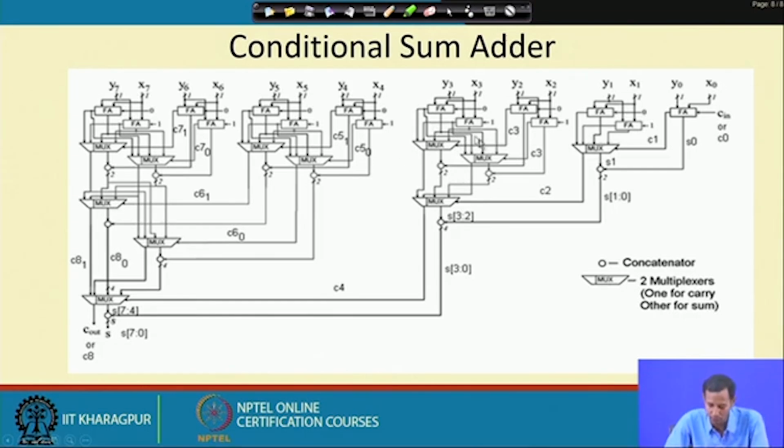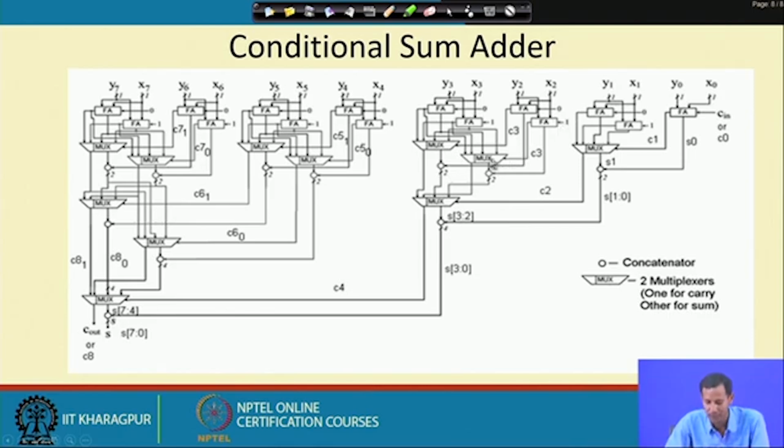So that is why the previous stage carry will affect it initially. One carry will be generated from this particular stage and one carry from this particular case. Then one multiplexer I will use for y3 and x3, considering the carry as 0, and another one is for y2 and x2 considering the carry as 1.